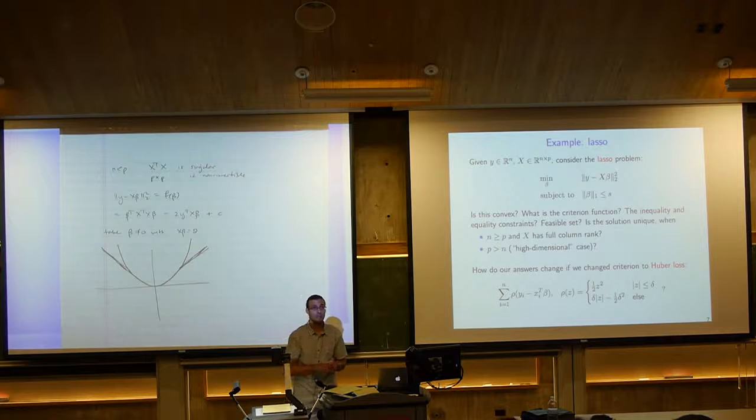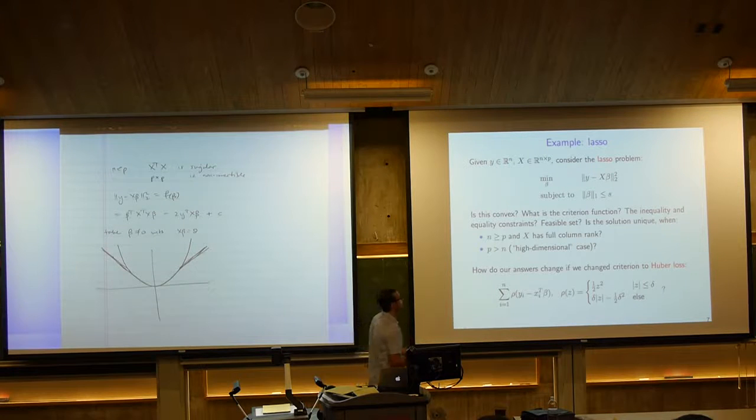If we have points that fall really far away from the linear trend, then the solution is not swayed too much by them. With the squared error loss, these residuals would look huge, and so we're kind of forced to try to move the regression line to capture them. The Huber loss is a robust problem. So I'll let you think about how the answers change if that was the loss instead of least squares.